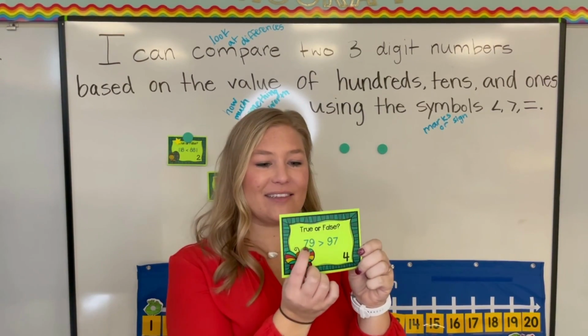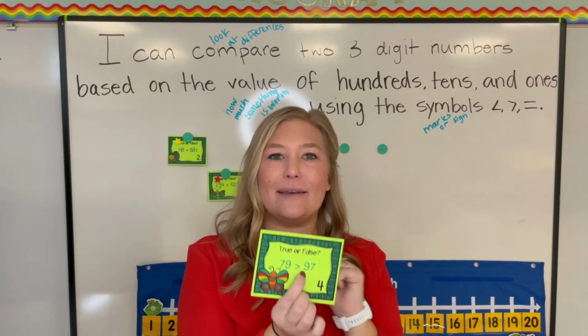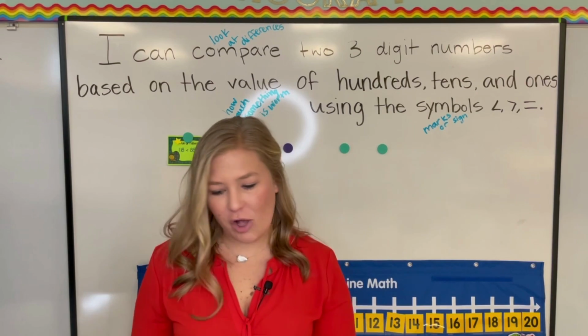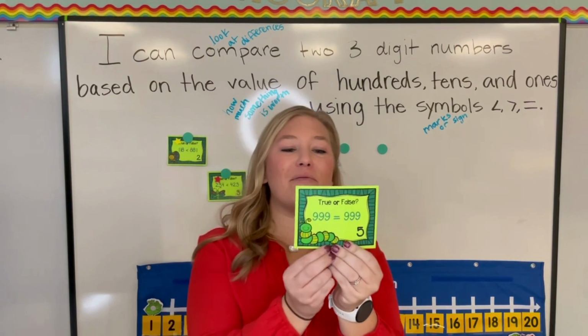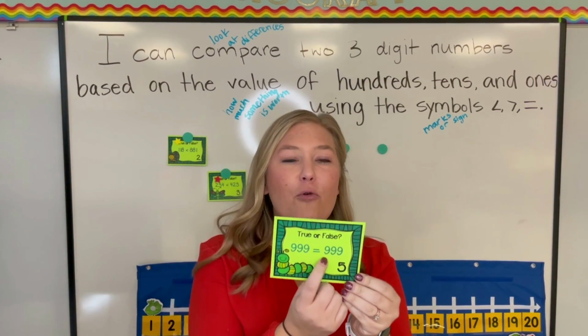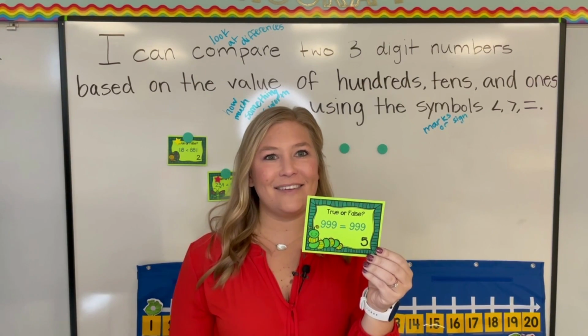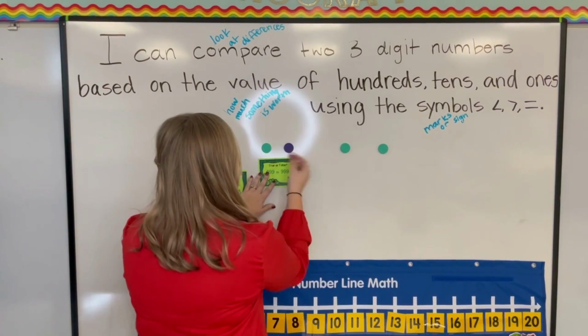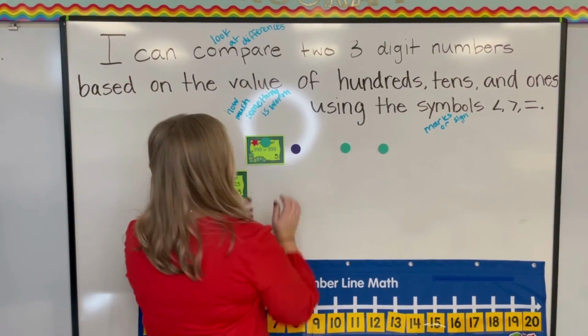No, I saw that 7 in my tens place and my 9, and I knew that this one is going to be bigger. False. What about 999 is equal to 999? You're right, that is true. They have the same digit in every place. It gets a star.